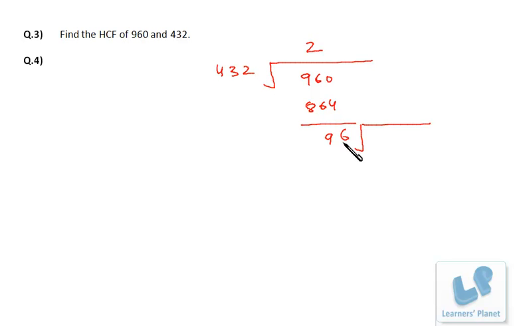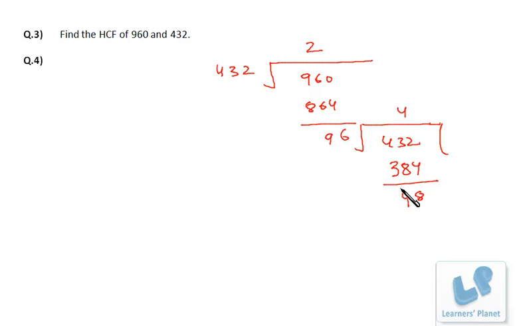Now next step, we divide this divisor by this remainder, right? So 432 we divide by 96. Now 96 4 times is 384, right? So it's 12 minus 4, 8, and it's 13 minus 9, it's 48.